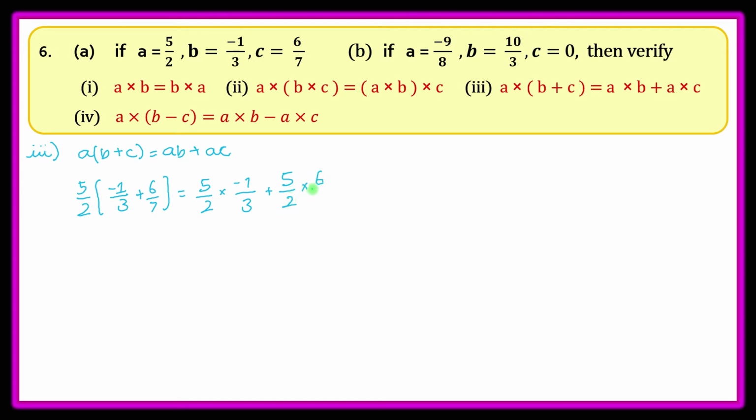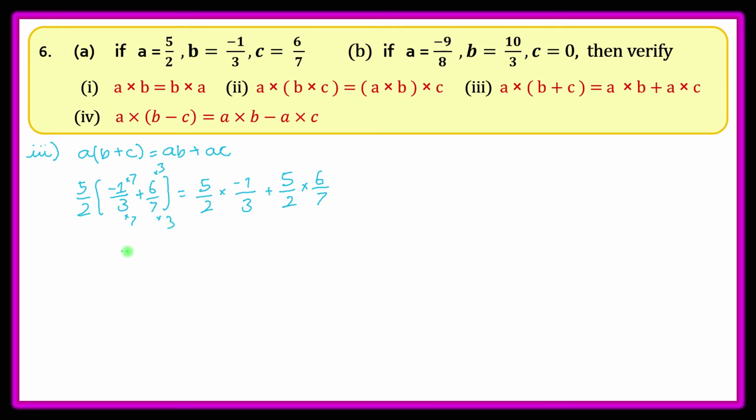6 upon 7. So now see, in the left hand side I am going to solve first. So we have to add. So if I add like this, 3 and 7 are prime numbers, so the LCM would be the product. So I can just directly multiply it. First fraction by 7 upon 7, second fraction by 3 upon 3.